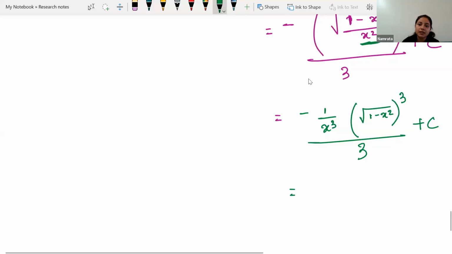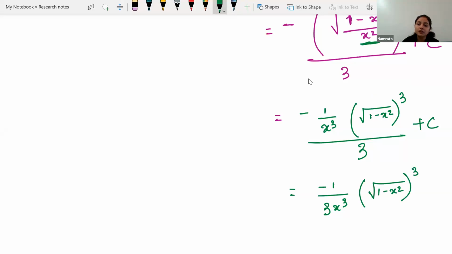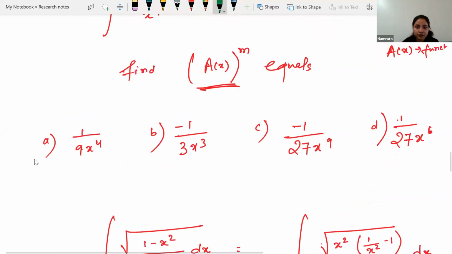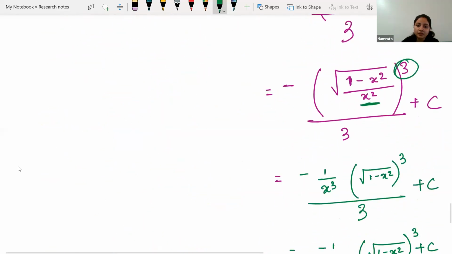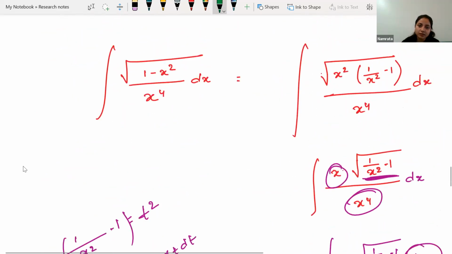So we ended up getting minus 1 by 3 x cube, under root 1 minus x square to the power 3 plus c. Let's see, 1 minus x square. The m value we got as 3, right? A(x) we got as minus 1 by 3x cube.